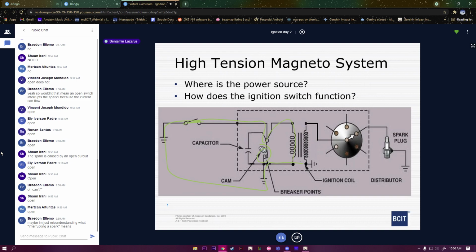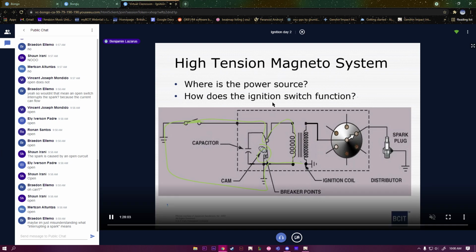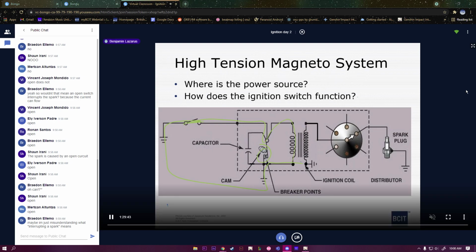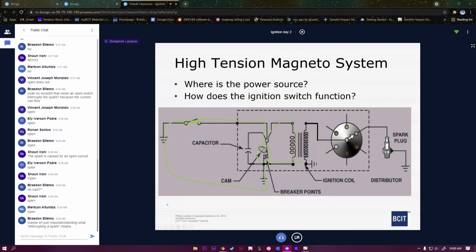Is that a misunderstanding? Interrupting a spark means preventing a spark. What was my question wording on the Kahoot? No, that's not the one that I want.